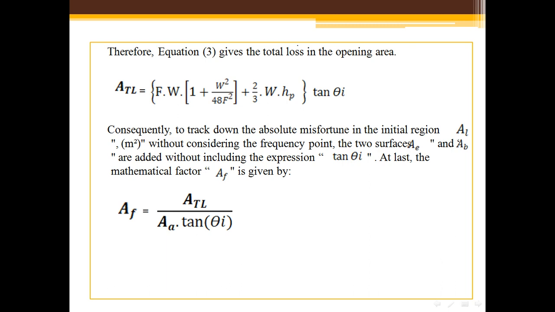Therefore, find the losses area without taking into account incidence angle into service. AE and AB are summed without including the term tan incidence angle. Finally, the geometric factor is given by the result of this equation to opening area of the solar collector and tan incidence angle.